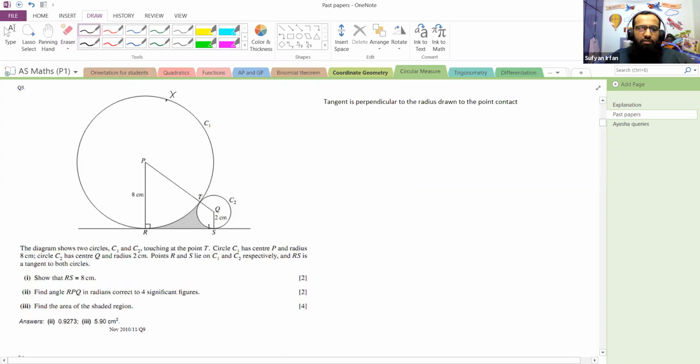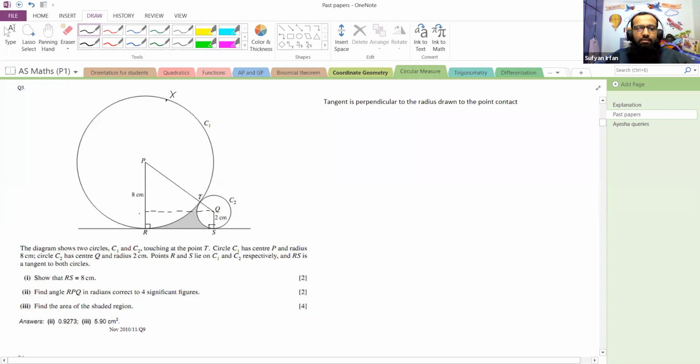These are 90 degrees. Now the examiner is saying, show that the length of RS is 8. Now we started thinking as to how can we find the length of RS. After thinking a lot, we realized that RS cannot be found directly, and that we need to draw an imaginary line.